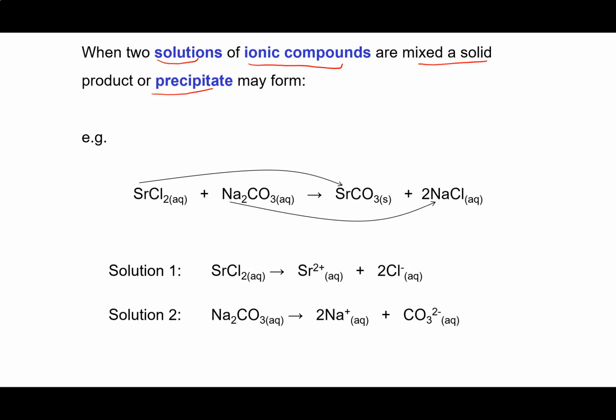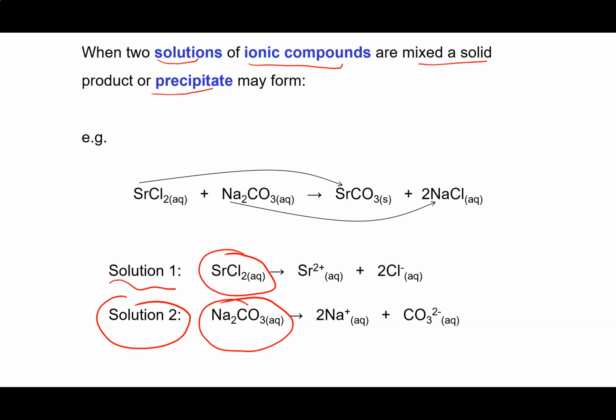And what I have to think about are the new combinations of cations and anions that could possibly form. So in this case, I'm going to combine solution 1, which is an aqueous solution of strontium chloride, with solution 2, which is an aqueous solution of sodium carbonate.